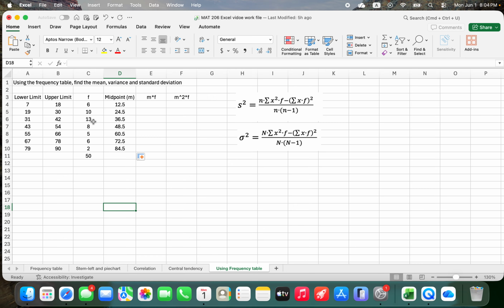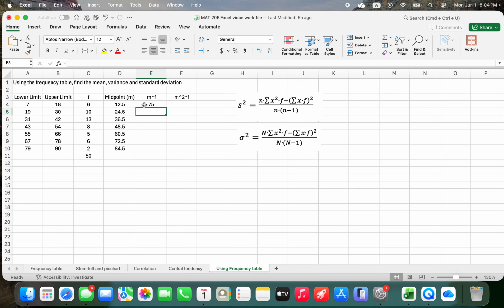Okay? So now, adding all these midpoints, how many appear? Then we can find the mean value basically. So 12.5 appears 6 times, which means the total sum becomes midpoint times frequency, right?